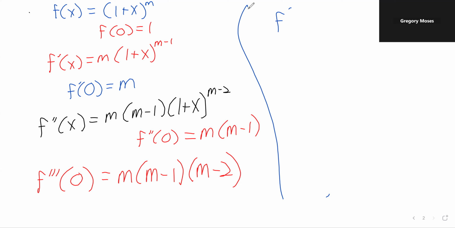Eventually, we're going to take a derivative, and we'll get a bunch of constants out front. And we'll get 1 plus x raised to the 0 power, and anything raised to the 0 power is 1. So we're multiplying by 1. That's not doing anything.